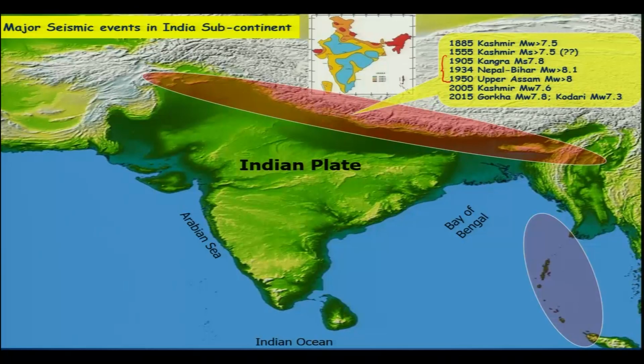Then apart from the northern belt of the Himalaya, one of the most seismically active zones, we have another one, the Andaman Nicobar region, where historical records show major events in 1679 with magnitude 7.5, 1762 with magnitude 7.6, 1847, 1881, 1941, and then the last one which we experienced was the 2004 Sumatra Andaman earthquake.